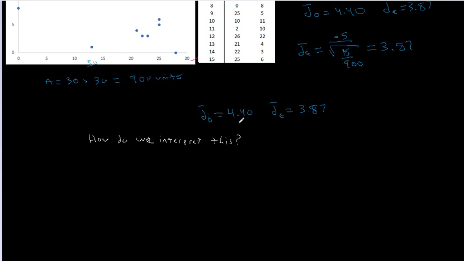Okay, let's think for just a second about what this D sub O, or D sub O average, is actually indicating. It's the average minimum distance.